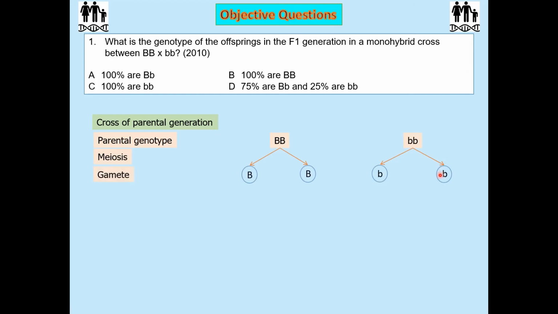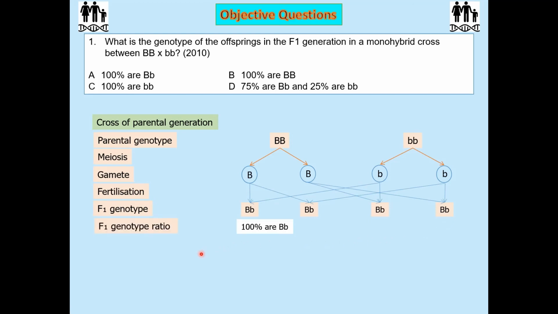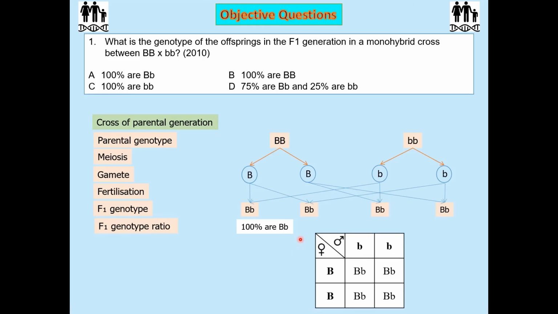Then the gamete fertilization. So all the offspring are heterozygous dominant. So the genotype ratio is 100% heterozygous dominant. You can use the Punnett square to get the answer. So the answer is A.